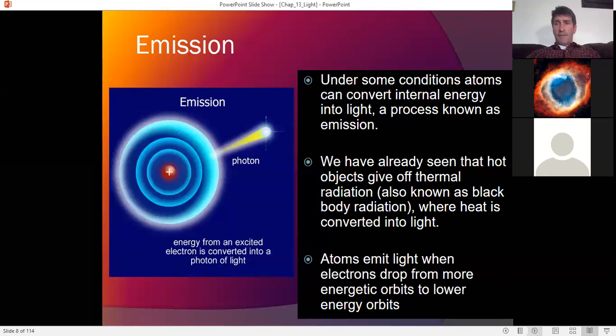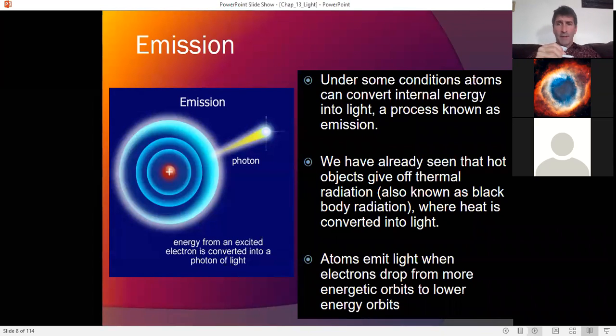We can also have atoms give off light. And of course, we think about making an atom excited. I'm looking at my computer screen, and behind the computer screen are a bunch of white LEDs.